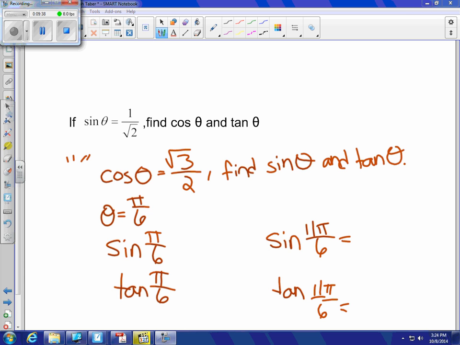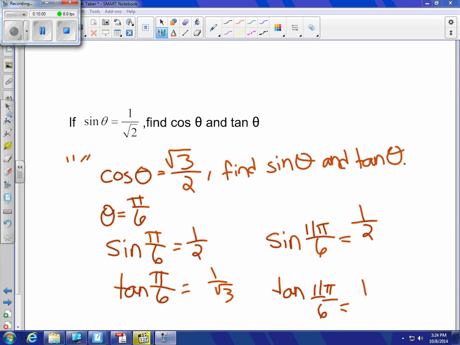Okay, so what do we know? Well, according to our table, what's pi over 6? Square root 3, not square root 3, I'm sorry. I'm thinking of cosine still. It's 1/2, right? 1/2 over here too. What about tan? It's 1 over square root 3.